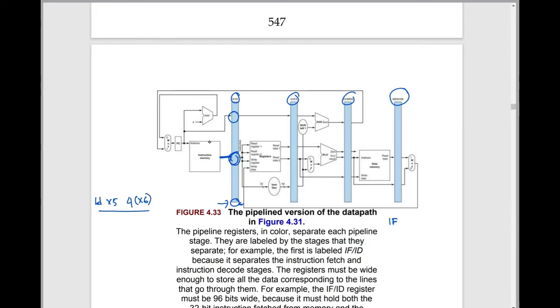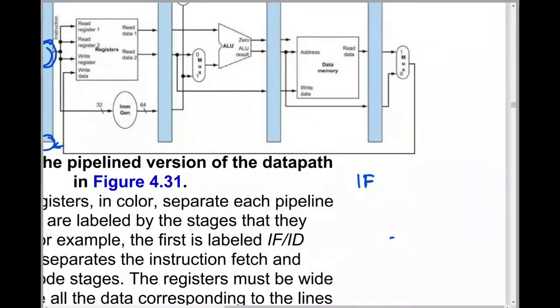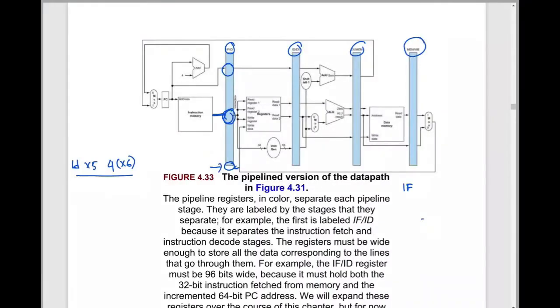Why? Because in the next cycle, suppose this is cycle 1, and there is an instruction here called instruction 2. In cycle 2, this will start fetching new instructions, so at cycle 2 the program counter value will change.